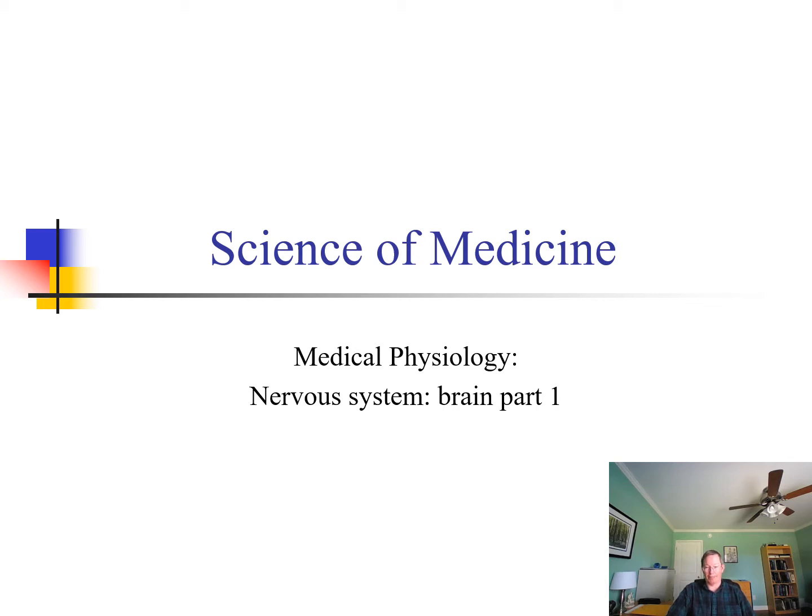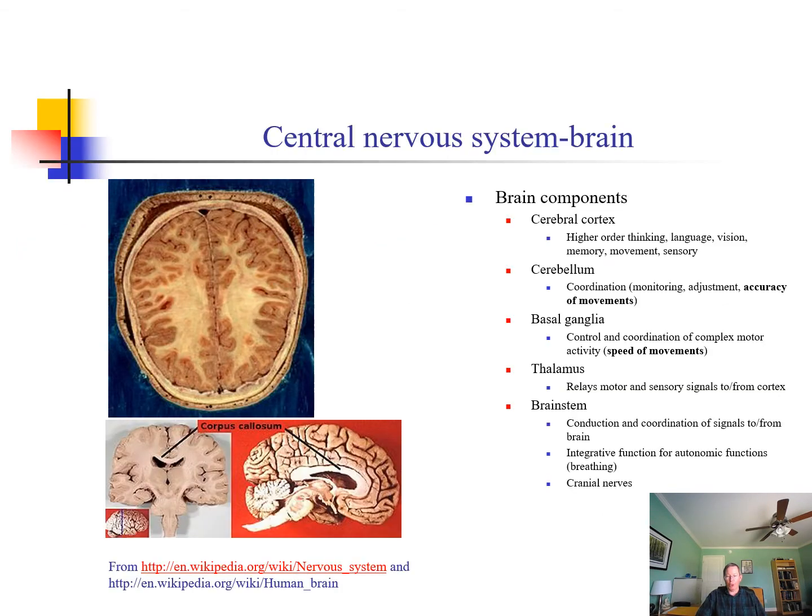Let's talk about it. If I were to look at the brain in different sections, like I have on the picture here, I might have one picture of a person's brain sliced across this way, another sliced in this direction, and a third sliced in the forward direction, the frontal plane. I would see different things.